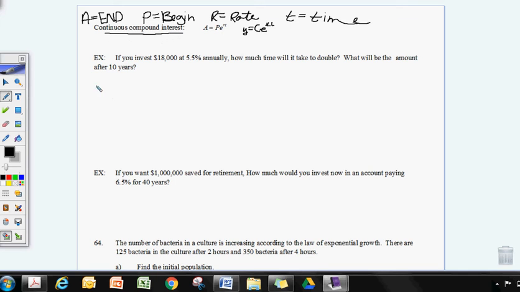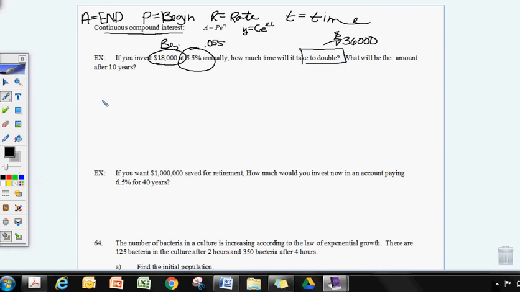Okay, so if you invest $18,000, that's what I begin with, at a rate, remember you got to change that to a decimal, 0.055. How long will it take to double your money? Double my money means if I start with 18,000, would I end with 36,000?